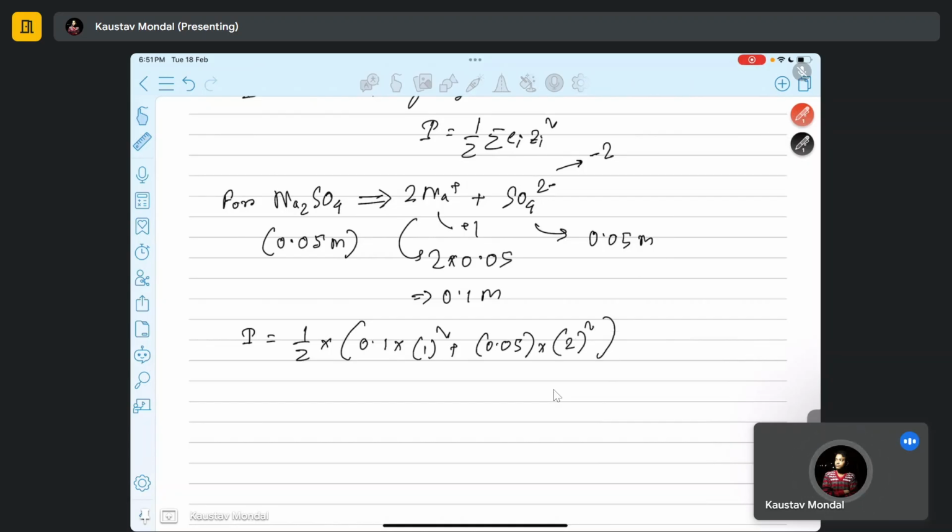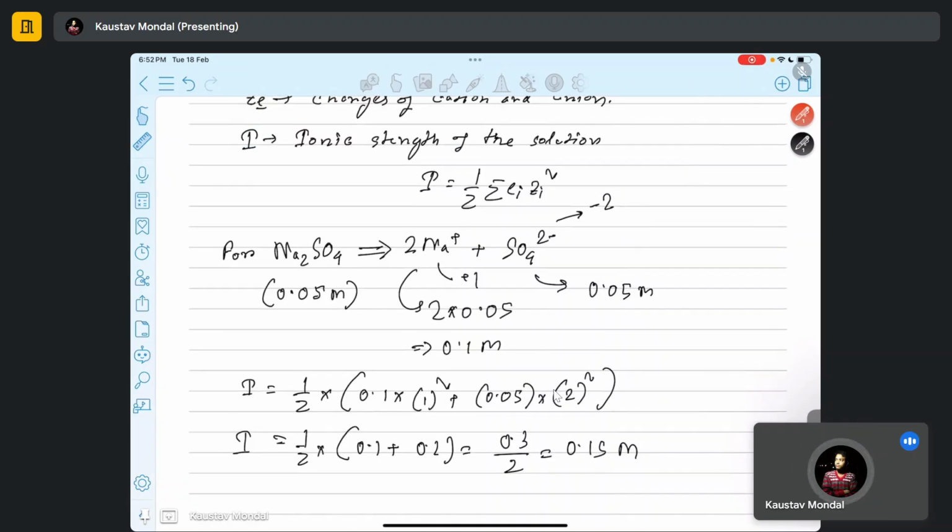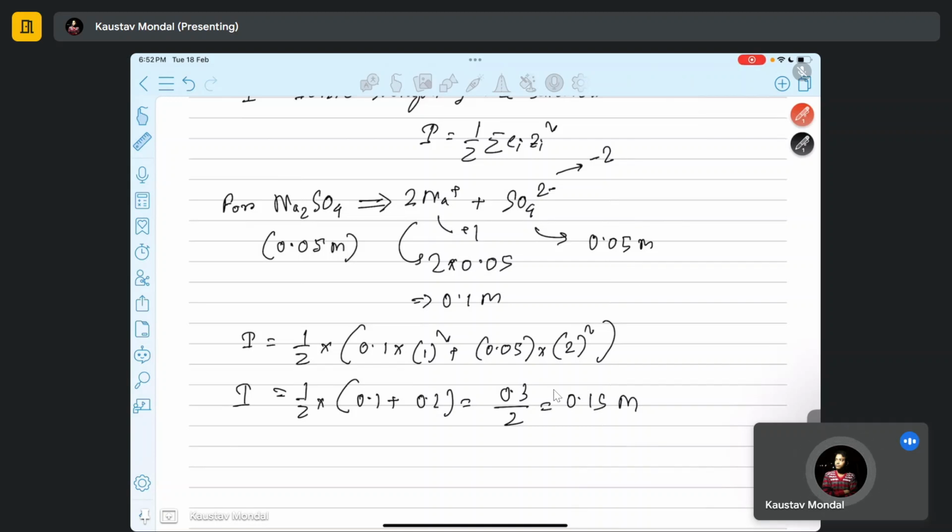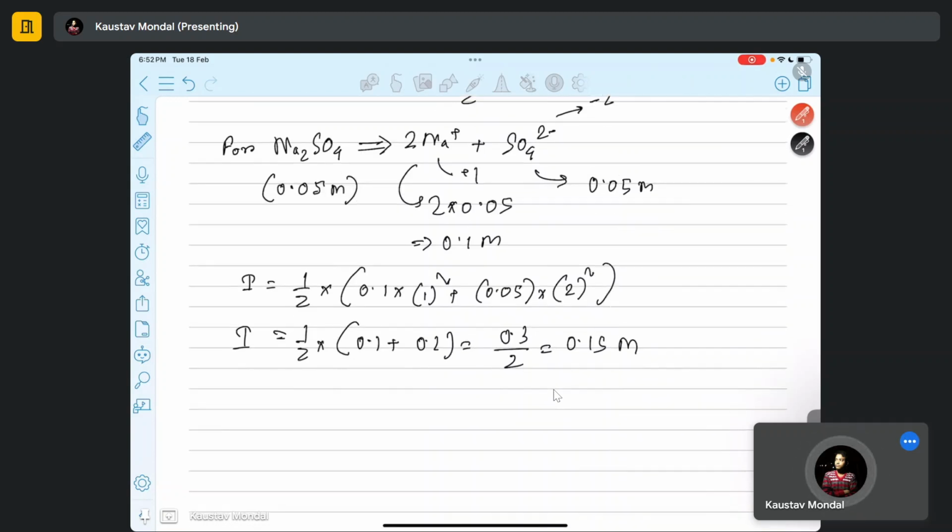So this basically gives you half into 0.1 plus 0.2, so 0.3 by 2 gives you 0.15. The ionic strength is 0.15 m. Just like how we have done in the previous problem, the same procedure is used here also, and by doing that this is the ionic strength we are getting.